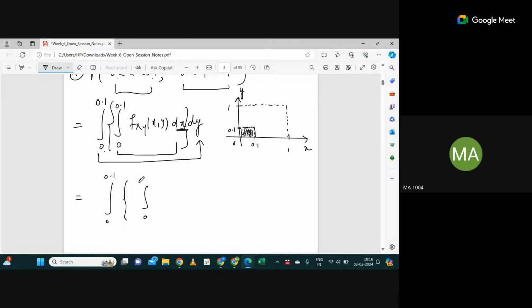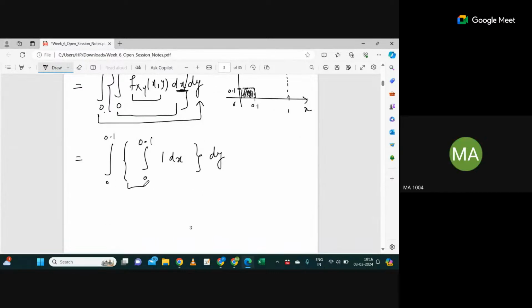Okay. So, 0 to 0.1, and what is the value of this joint PDF? It's 1, right? So it will be 1 into dx dy. First of all, we have to integrate this one. What is the integration of 1? It's x, from 0 to 0.1, and dy. Then it will be 0 to 0.1 of 0.1 minus 0 dy.